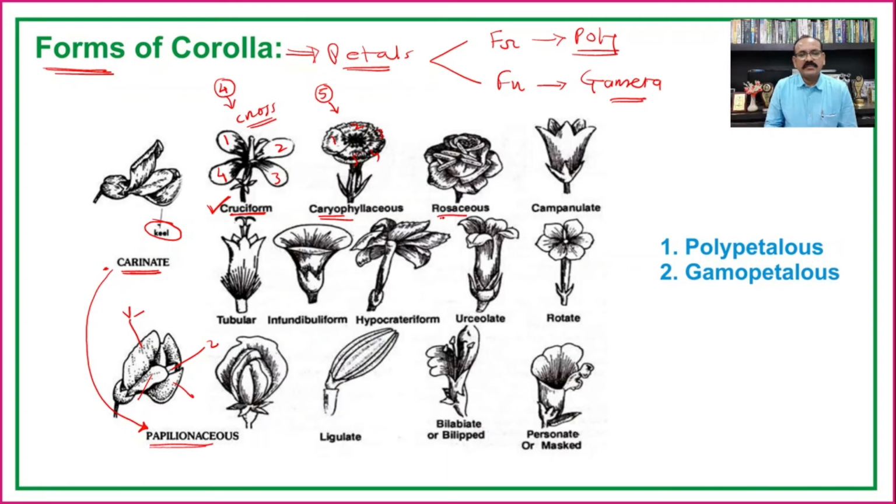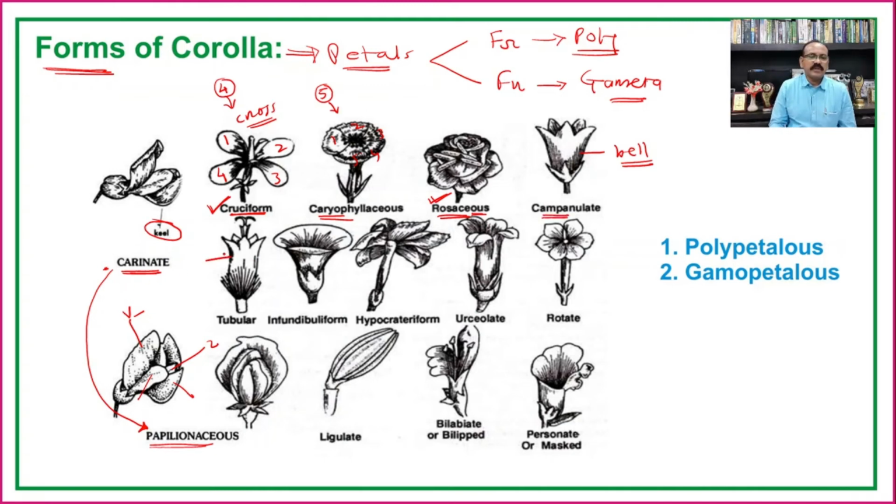In rosaceous, there are 5 or more petals which are free. Then the formation of the petals just like that of the rose flower, then the corolla is known as rosaceous type of the corolla. As seen in the form of the calyx, if it is bell shaped, then the corolla is known as campanulate corolla.